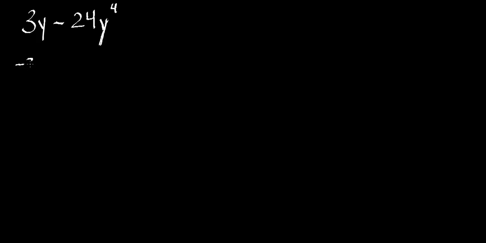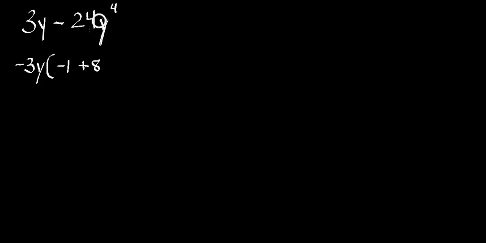So what I'm going to do is factor a negative 3y. Because when we take one y out of here, we'll get a y cubed. And that's what we want because we are working with cubic functions. So if we factor, well, we get 3 divided by negative 3, that's negative 1, right? And negative 24 divided by negative 3, well, it's going to be plus 8.